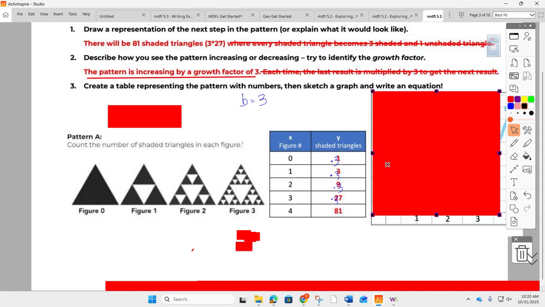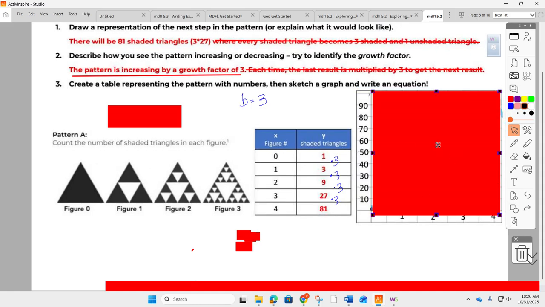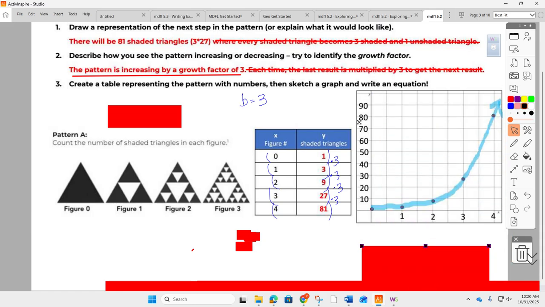So if we plot these on the coordinate plane, when you create a T-table like this or a chart, you're really creating ordered pairs. So we can plot these points on the coordinate plane. We're going to go from small numbers up to pretty big numbers, so we've got to adjust the increments on our Y and X axis.